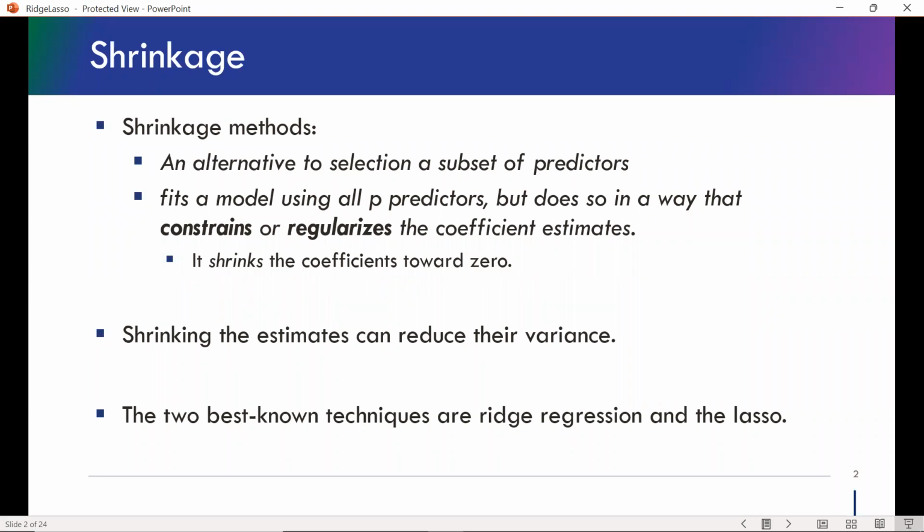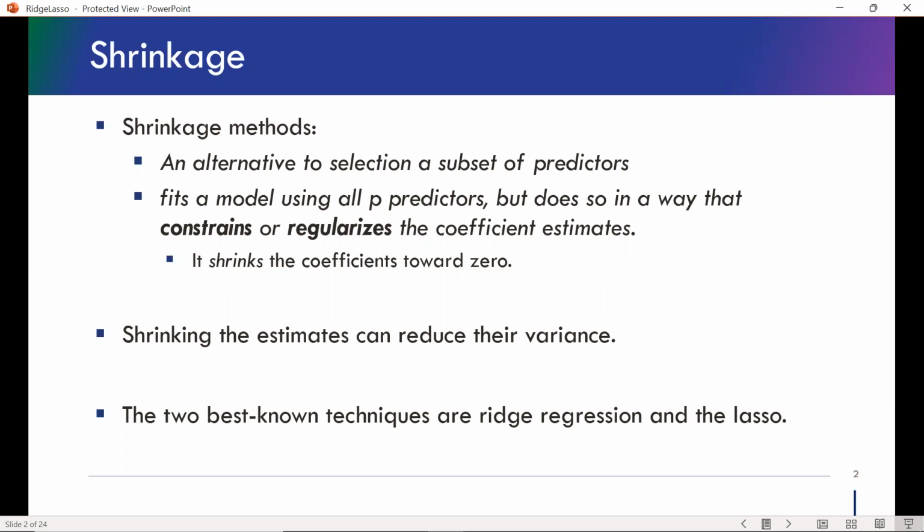Remember what the variance means in modeling? When we model the data with training data, we get our estimates. But when we change the training data a little bit, your estimates could change a lot.